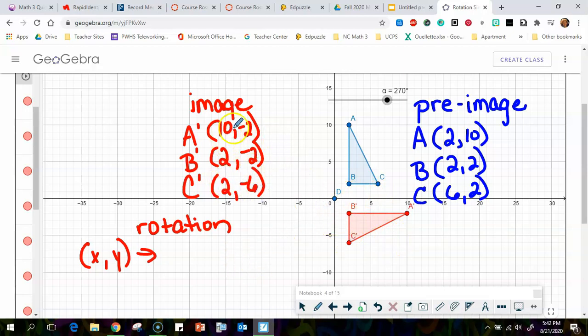So this time they switched again, so it's y, x, and the x this time is the opposite. So it's y, opposite of x, or y, negative x.